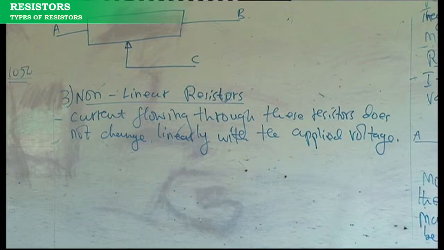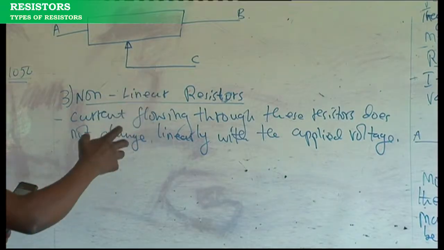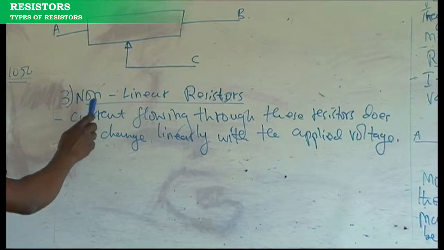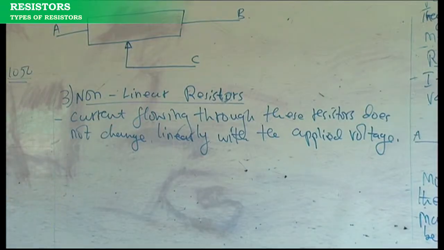That means that you may increase current, but voltage actually decreases, and so we are going to have a nonlinear kind of graph. So that is why we are calling it nonlinear resistor.